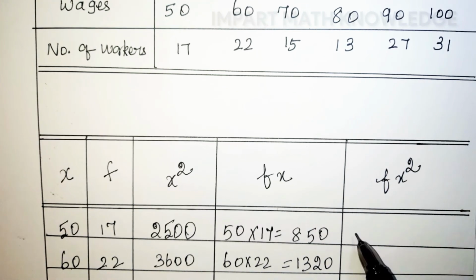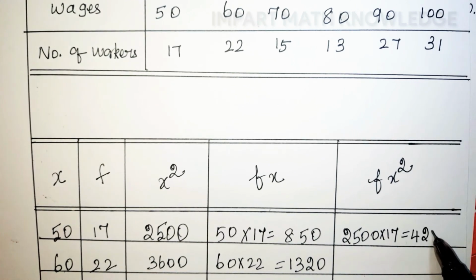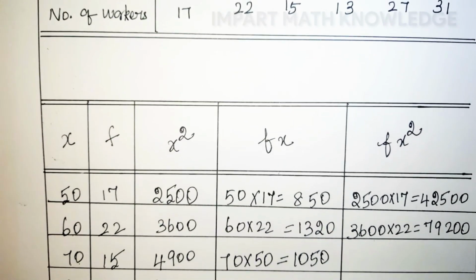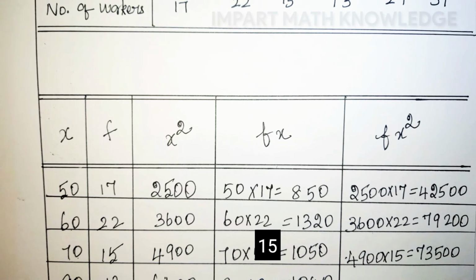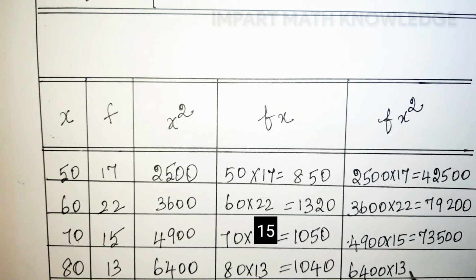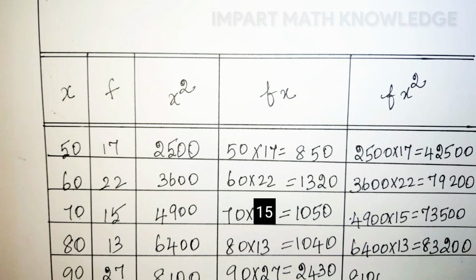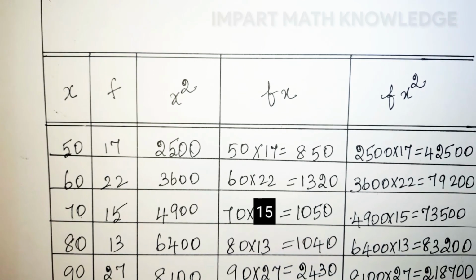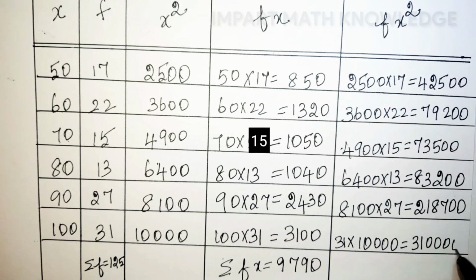Fx square. 2500 into 17 is equal to 42,500. 3,600 into 22 is equal to 79,200. 4,900 into 15 is equal to 73,500. 6,400 into 13 is equal to 83,200. 8,100 into 27 is equal to 218,700. 31 into 10,000 is equal to 310000.